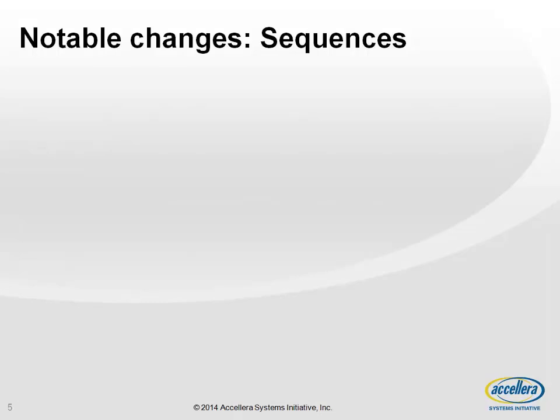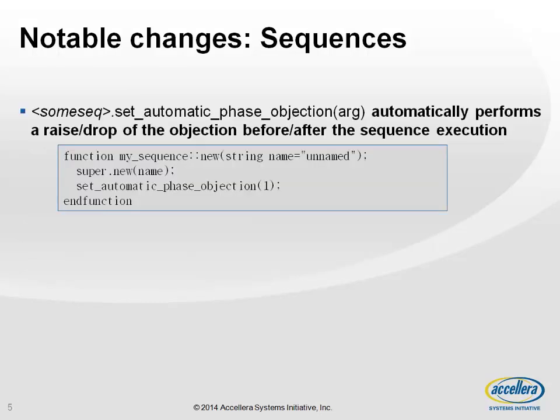Changes in sequences. In one of the previous presentations, we saw this raising and dropping of objections. And we did an extension in the sequences so that if you use set_automatic_phase_objection, this allows the UVM library to raise and drop objections automatically. So you are not required to do a phase.raise_objection, phase.drop_objection anymore.